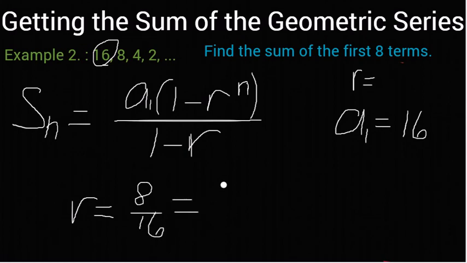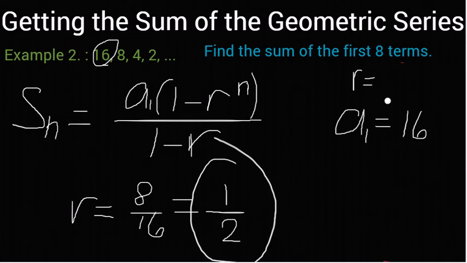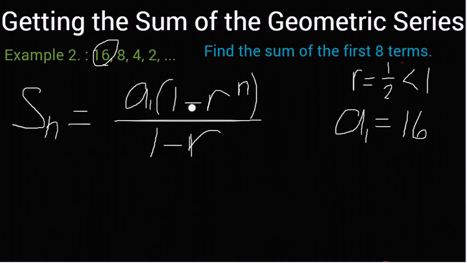Now this is a fraction, and we know that 1/2 is less than 1. Let's find out if the sum exists. Why do I say that we need to find out if the sum exists?